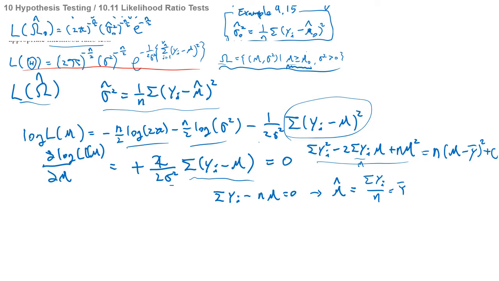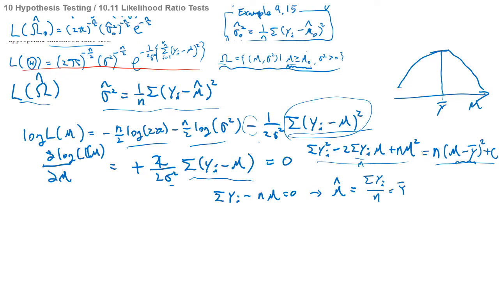So this thing can be expressed this way, and since we have a minus sign, the shape of log L(mu) becomes like this, and the maximum value is achieved at mu equals y bar.